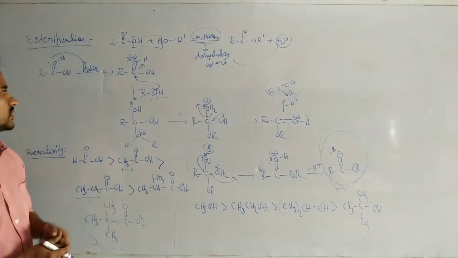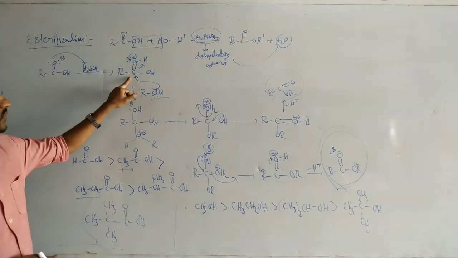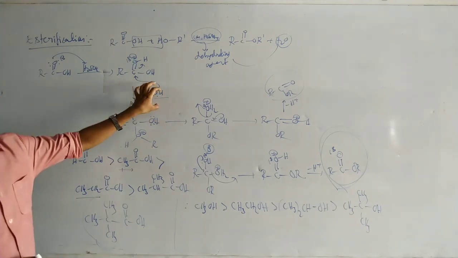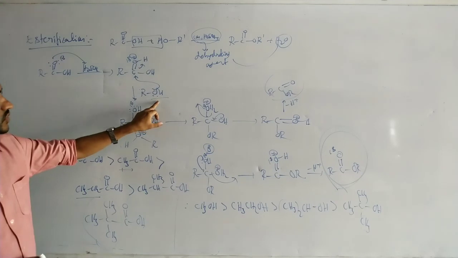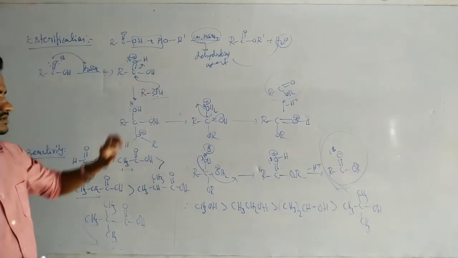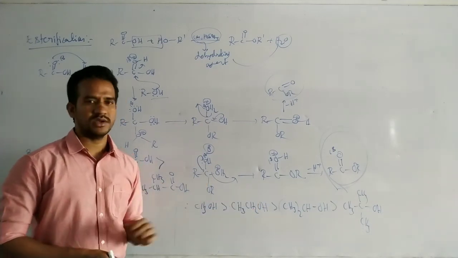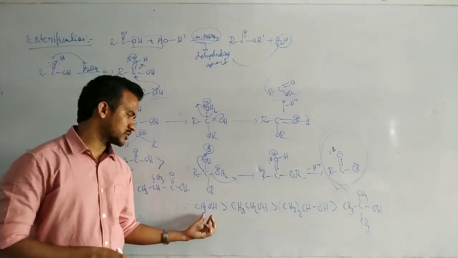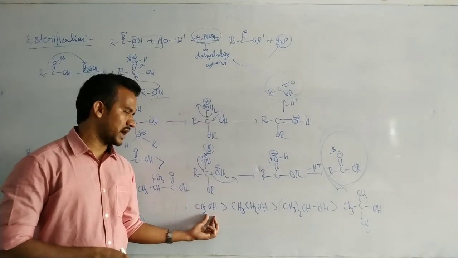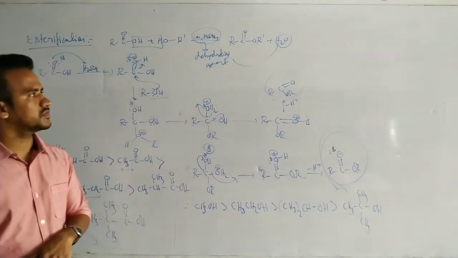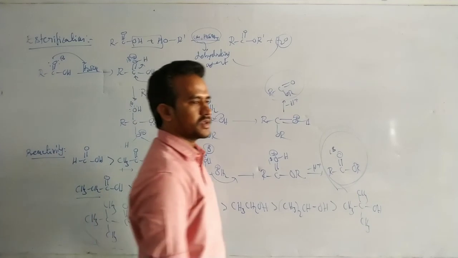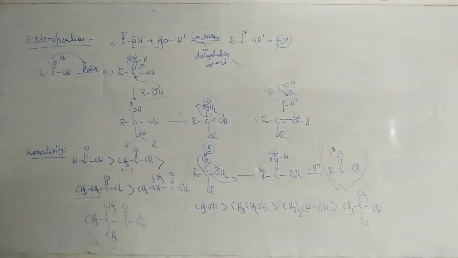The nucleophile attacks on this compound. If the nucleophile is smaller in size, the nucleophile attacking tendency increases. That's why with increasing size of the alkyl group in alcohol, reactivity decreases. Methyl alcohol is smaller in size, so it is highly reactive in esterification reaction.